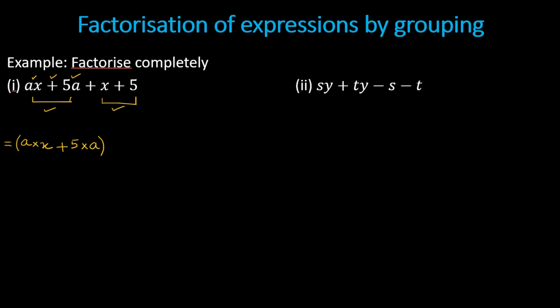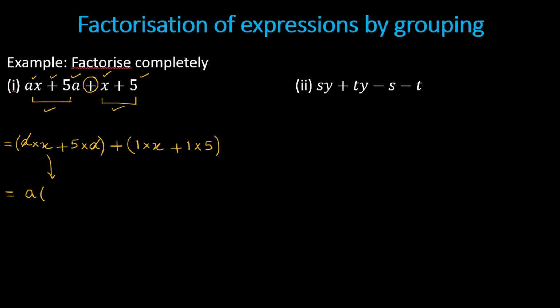Now we take the next two terms. Of course, we have a plus here, so we insert our plus. X is simply 1 times x, right? We have again plus. 5 is 1 times 5, right? We continue. Now we take out the common factor. As you can see, the common factor is a, so a has to be outside the brackets.